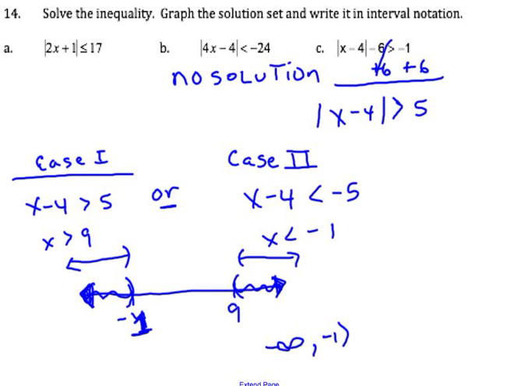I know that because my original sign did not have an equal to. And of course, infinity never has an equal sign next to it. And that unions with 9 to infinity. Again, 9 was not included, and infinity doesn't have an included endpoint, so that's the solution for 14C.